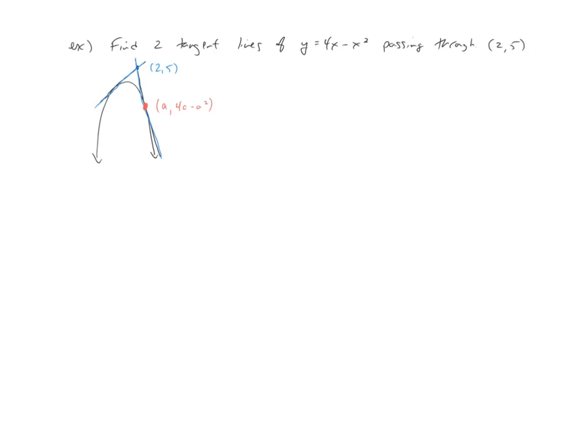So now I've got 2 points. And again, I know from algebra that the slope of that line can be found by using the change of y over the change of x. So if I take the change of y, that's going to be 4a minus a squared minus 5, over the change of x, which would be a minus 2. So that's going to be the slope of this line right here.